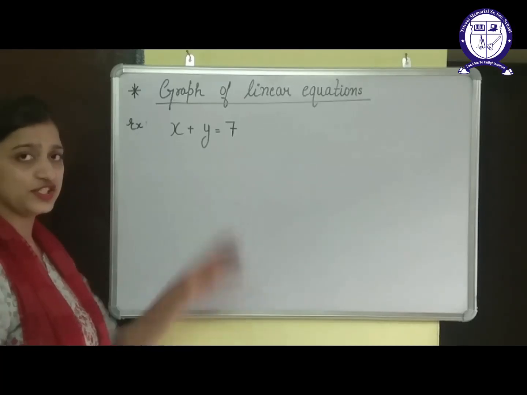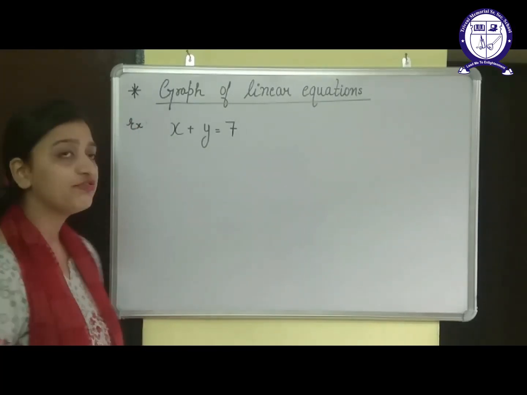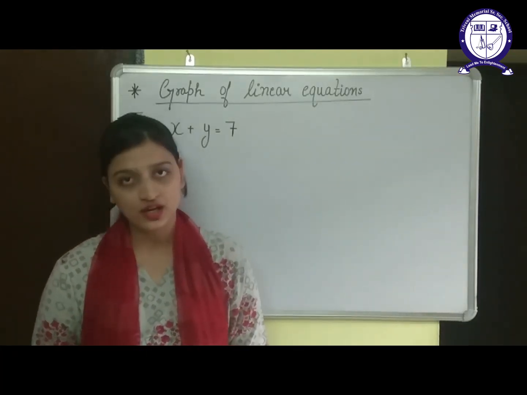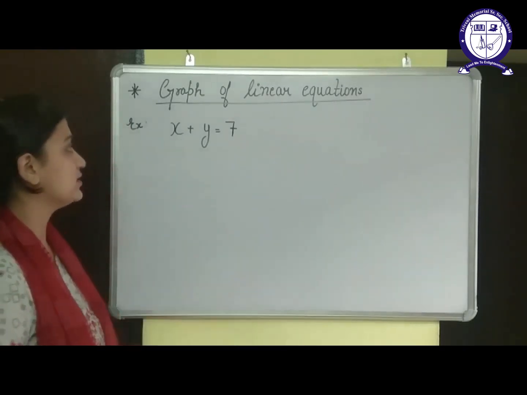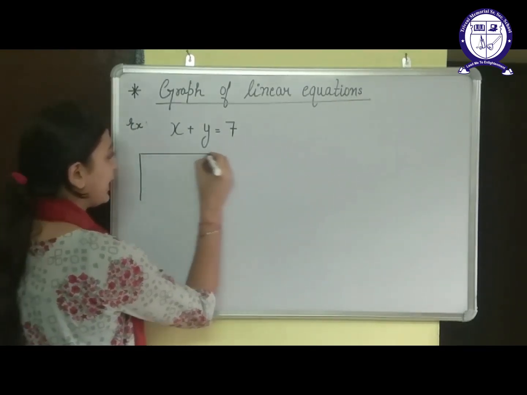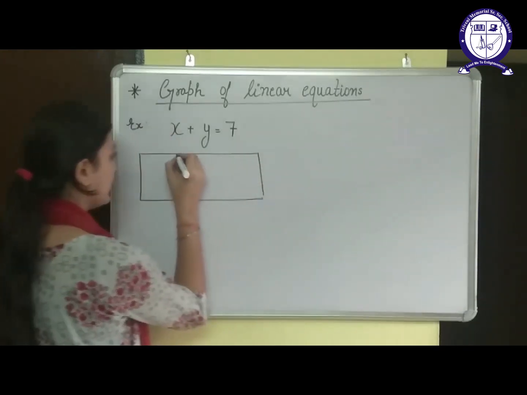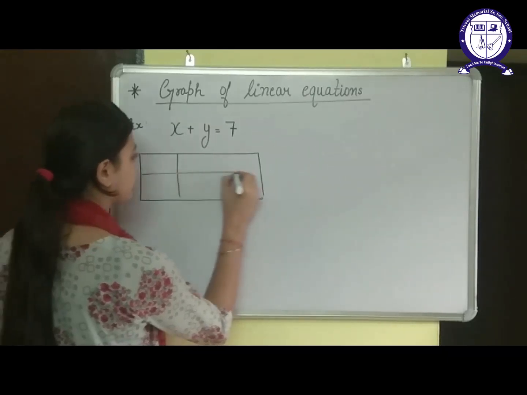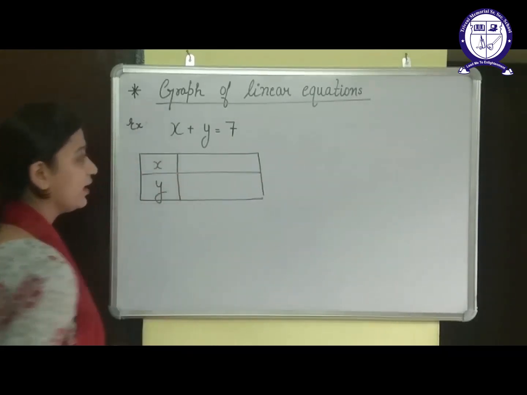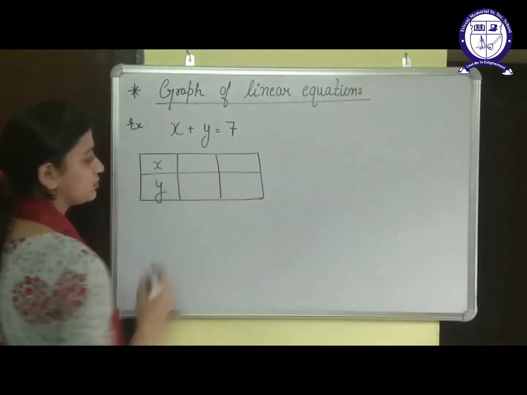I am doing this question. First step was find the solution. I will find only 2 solutions, and it is the best way of doing questions like this. I will make a table like this. Now I am finding only 2 solutions.